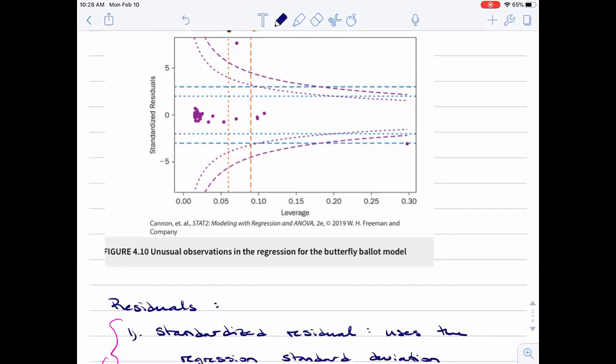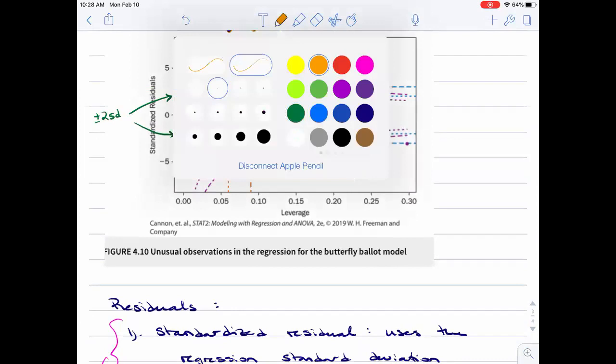So here, I'll do plus minus 2 standard deviations. Gotta use a different color.